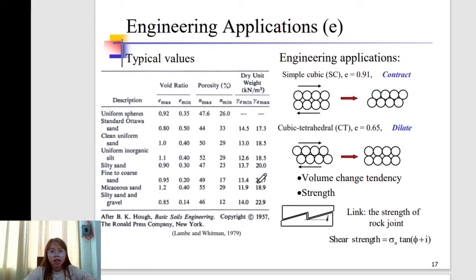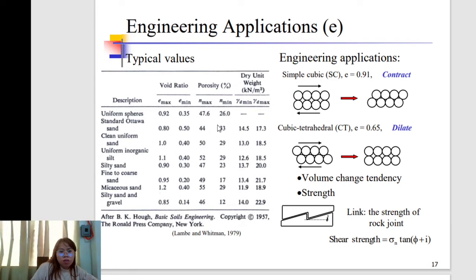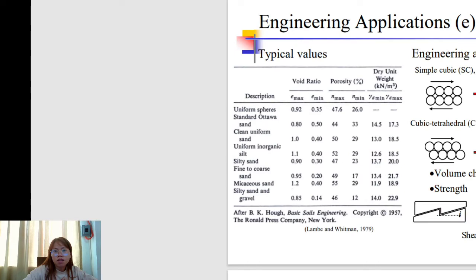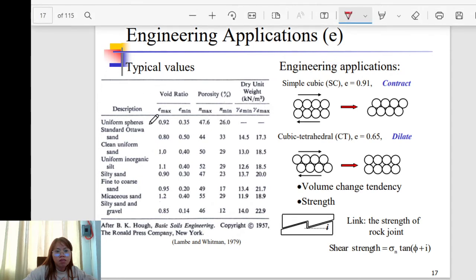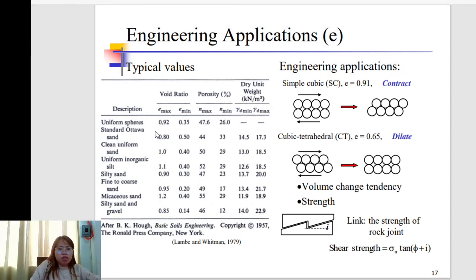For the engineering applications, we have different types of soil, no?